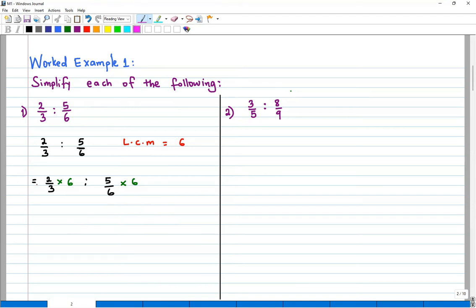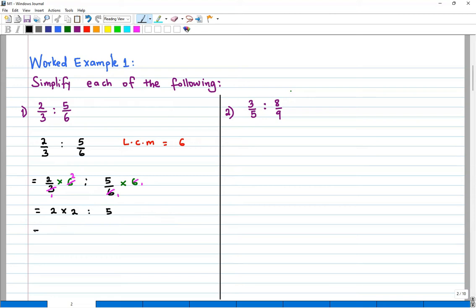Now, we know that 3 divided by 3, we get 1, and 6 divided by 3, we get 2. You see that? And we know that 6 divided by 6, we get 1. Also here, we get 1. Now, implying that we are remaining with 2 times 2 to 5.